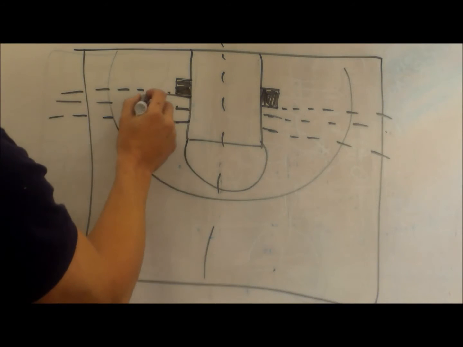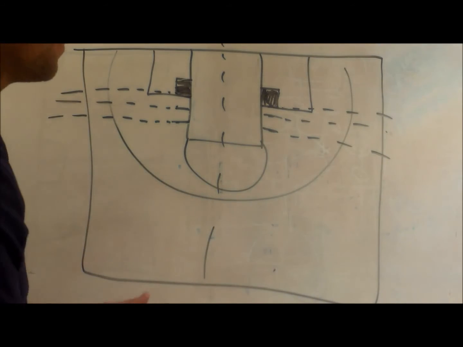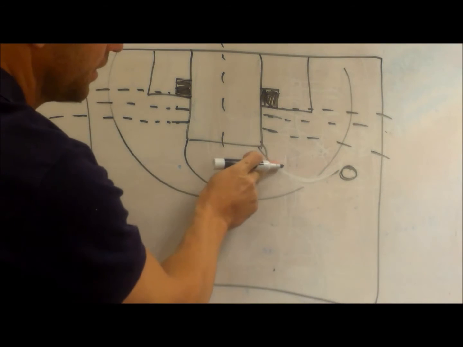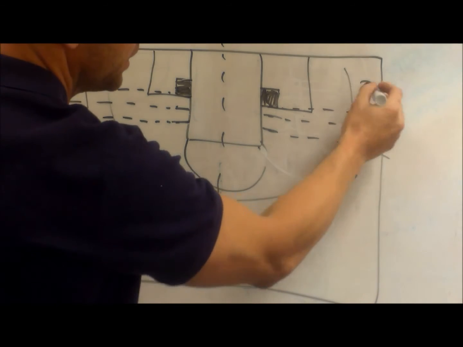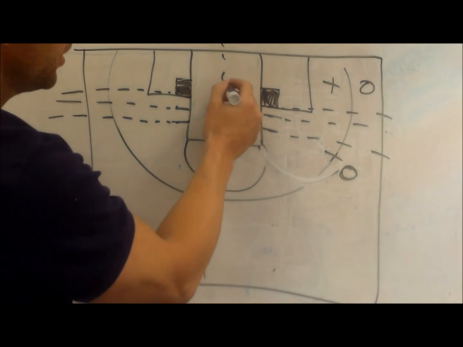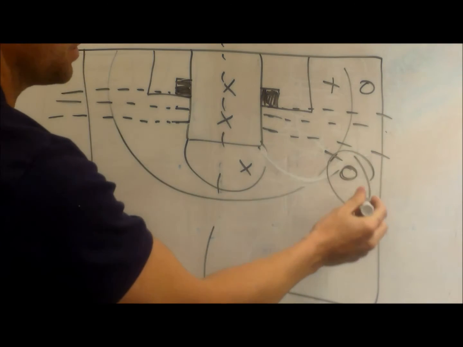Anytime somebody gets in this area, we want to blitz. So if there's a guy here, we never want to let him dribble middle. We never want to let him dribble anyway, but we are going to force him to the baseline. So let's say there's a guy in the corner, he's guarding him here. We got an X-man, we got an X-man, we got an X-man. 5 guys ball side, the ball's here.